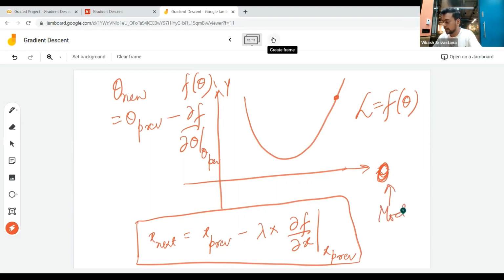Remember, we will not be able to control the model parameters directly. During training, we need to control the knobs, which are your hyperparameters, and that will run the gradient descent algorithm in the back end, which will come up with the optimal values of these thetas, and that will help us generate the best machine learning model on that particular data set.